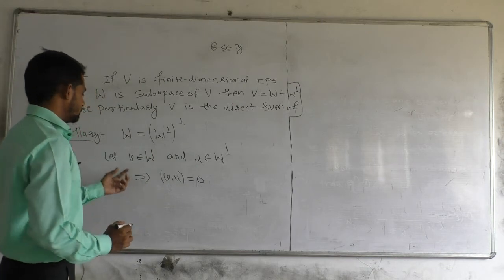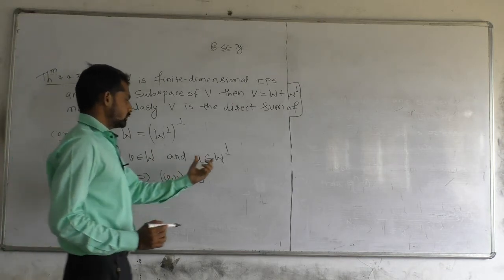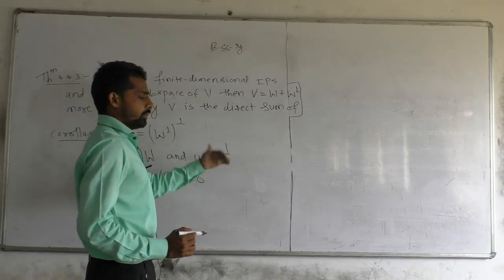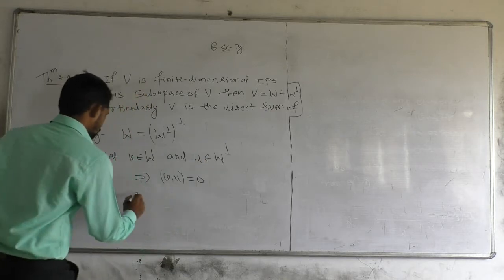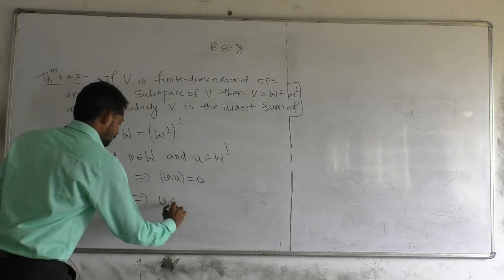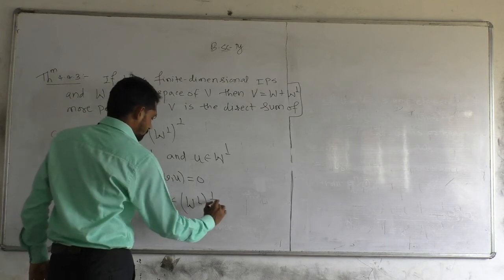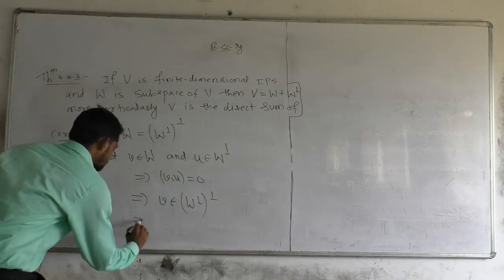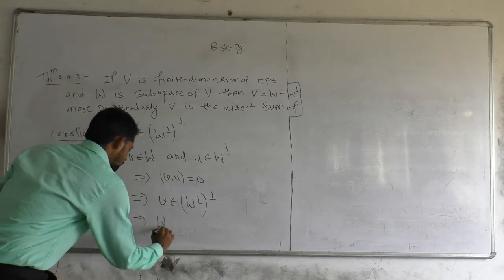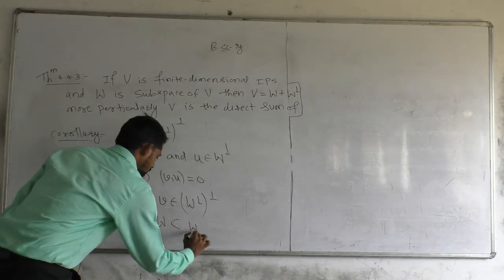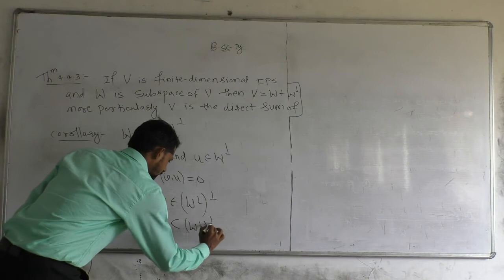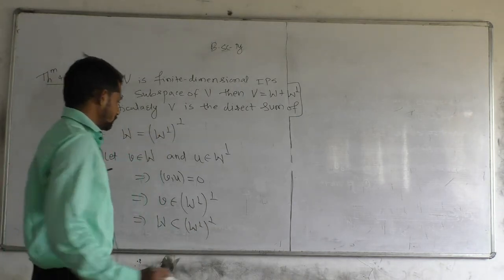This implies that V belongs to the orthogonal complement of W and its orthogonal complement. This implies that W is a subset of the orthogonal complement of W and its orthogonal complement. This is first.